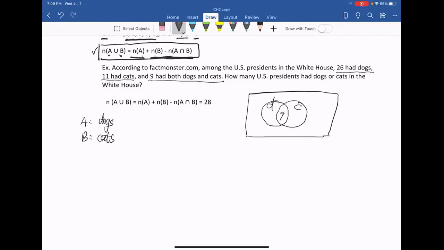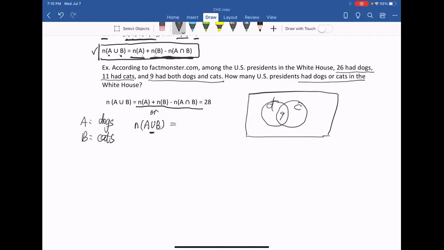So we are looking for dogs or cats. That means it's looking for the number of A union B, because do you still remember union is OR? So it equals n of A plus n of B minus n of A intersect B.